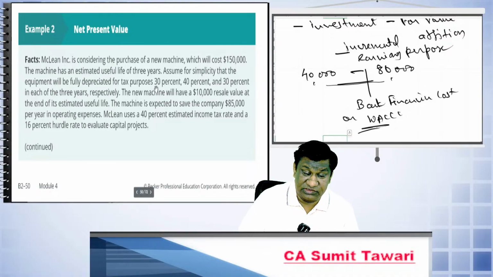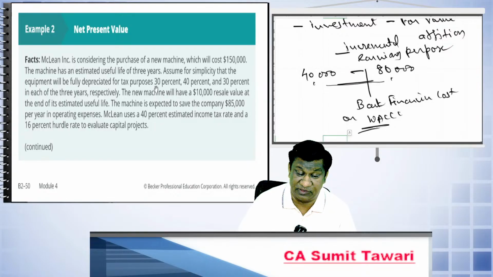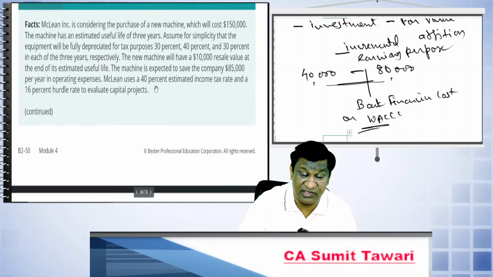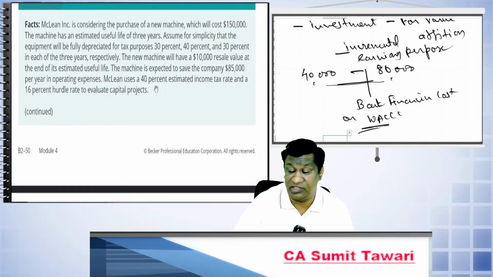Maclean Inc. is considering the purchase of a new machine which will cost 150,000. The machine has an estimated useful life of 3 years. Assume for simplicity that the equipment will be fully depreciated for tax purposes, 30%, 40% and 30%. The new machine will have a 10,000 resale value at the end of its estimated useful life. The machine is expected to save the company 85,000 per year in operating expenses.